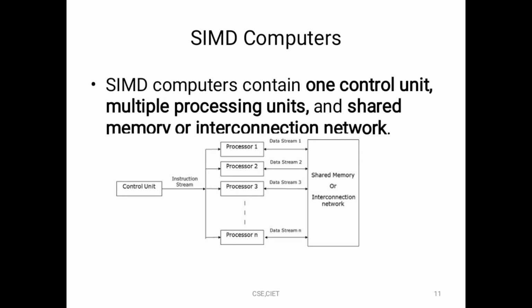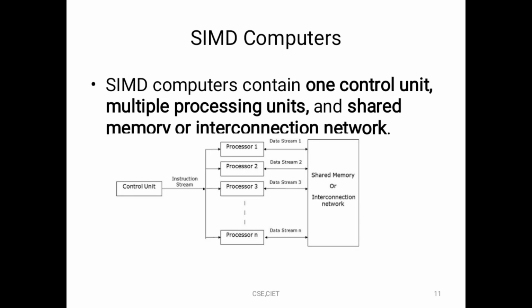Here one single control unit sends instructions to all processing units. During computation at each step, all the processors receive a single set of instructions from the control unit and operate on different sets of data from the memory unit. Each of the processing units has its own local memory unit to store both data and instructions.